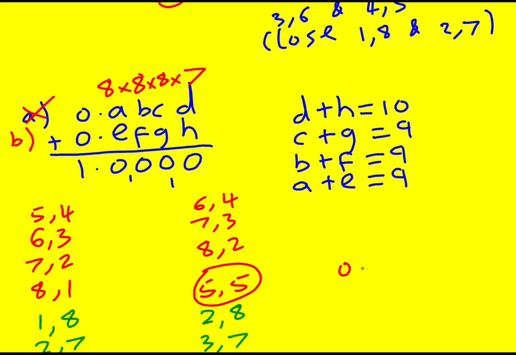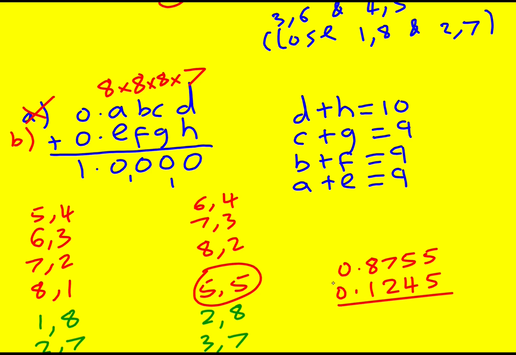trying to work out like a possible solution actually. So 0.8 and then E would be 1. Let's let B equal 7. And then we'll get 2 here. Let's go with 5 and 4. And then 5 and 5.